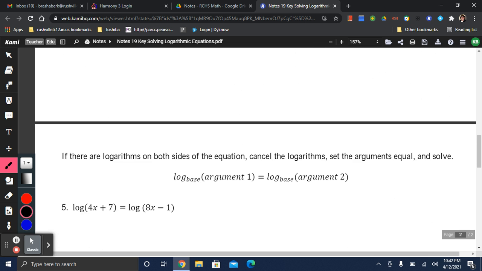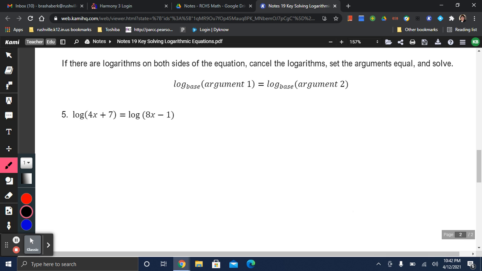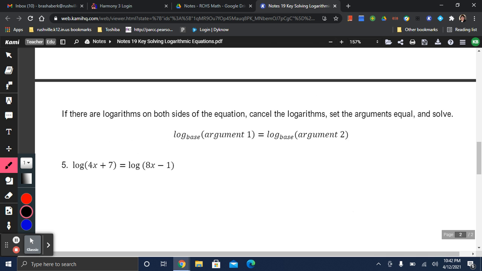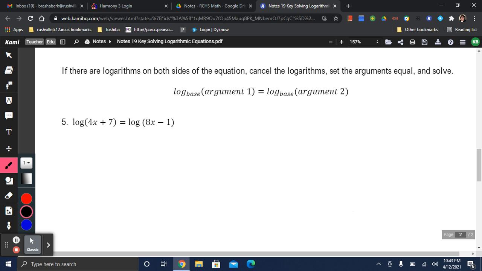All right, and then we'll move along, and we have one more problem, and this is where it's a little bit different. In this case, there are logarithms on both sides of the equation. When that's the case, you're going to cancel the logarithms and then set the arguments equal and then solve.